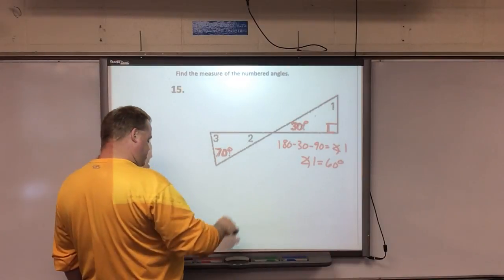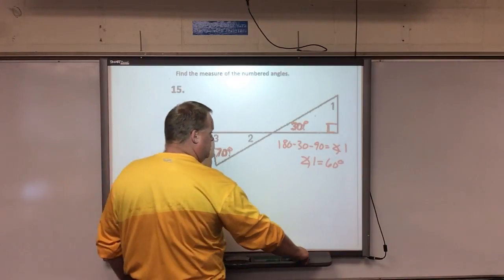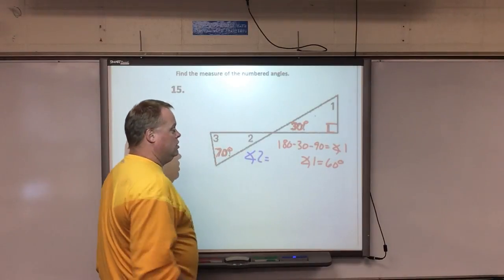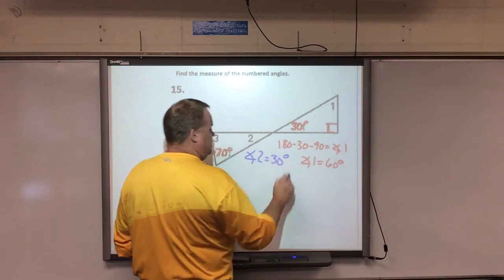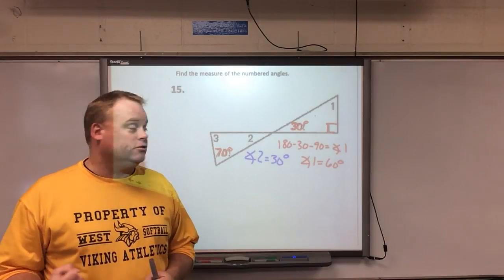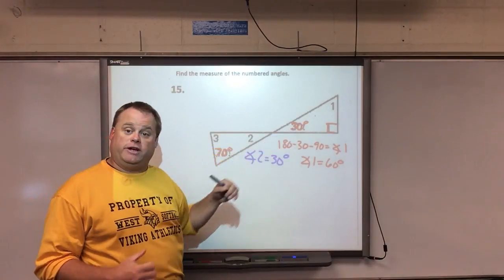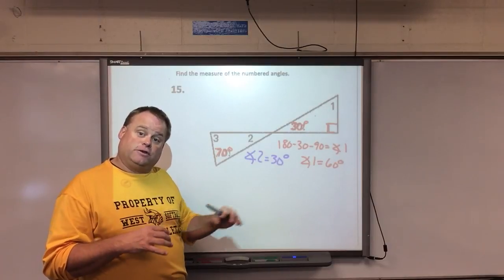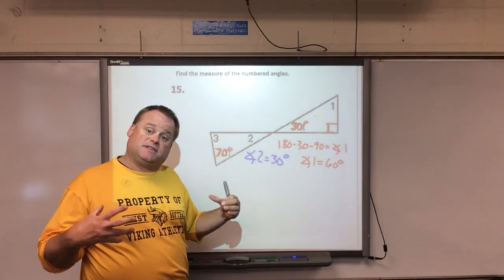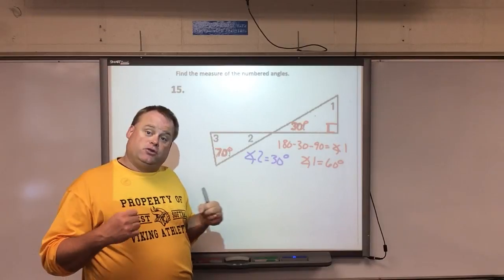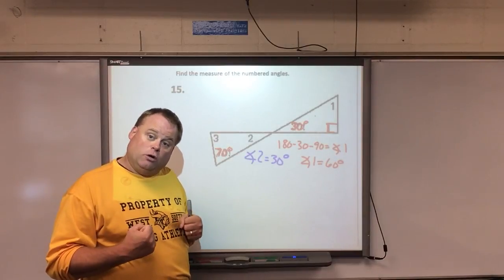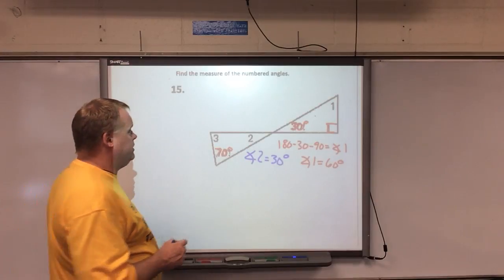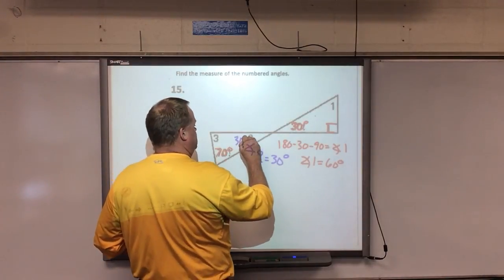So I know that the measurement of angle 2 has to be 30 degrees. Because those two angles are vertical angles. They're formed by the same vertex on opposite sides of that vertex. So they are the same. They are equal. They are congruent. Okay? So I now know that angle 2 is 30 degrees.